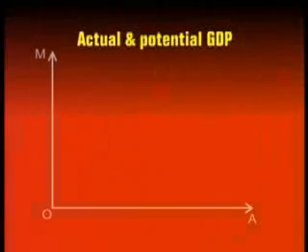Let's illustrate this distinction between actual and potential GDP by looking at something we talked about in the very first lecture, the production possibilities frontier. Let's go to our first graph for today. As you can see in this production possibilities frontier, we have good M on the vertical axis and good A on the horizontal axis.